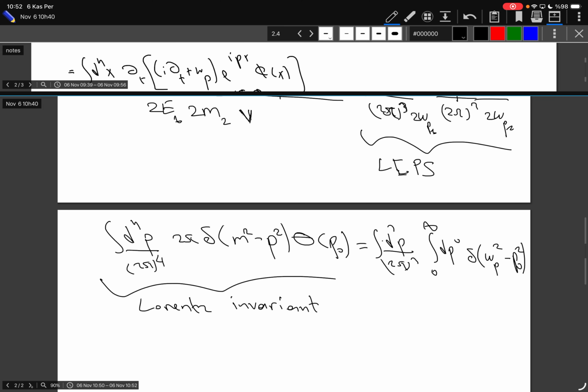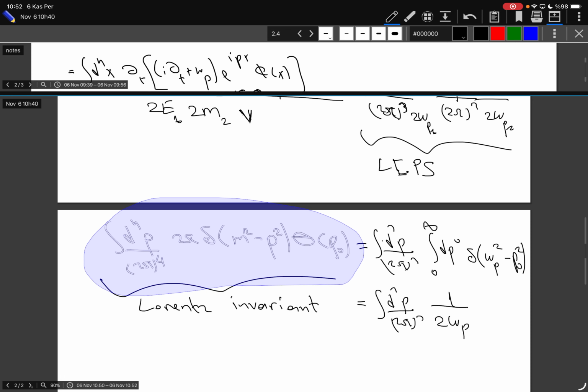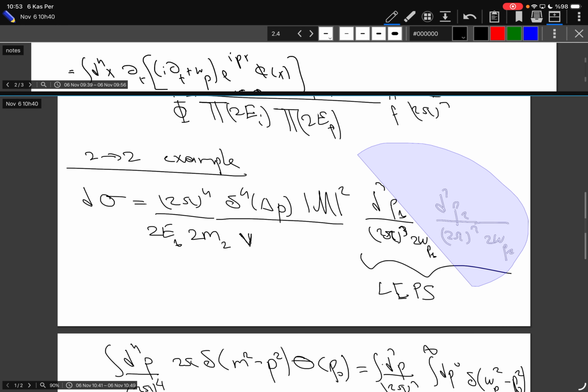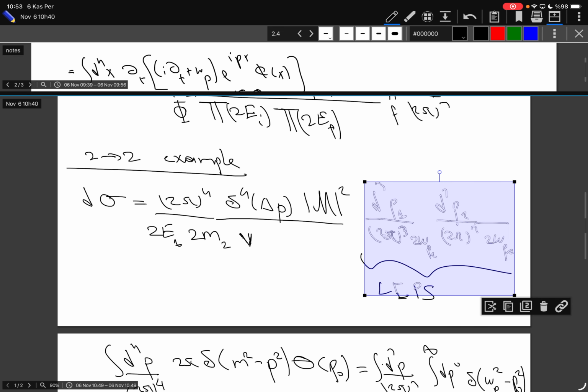Now there's just one point in that p0 integral that will contribute, which makes the argument of the Dirac delta 0, and that result will be d cubed p divided by 2 pi cubed times that integral will just give me 1 over 2 omega p. So this is Lorentz invariant. So we started with a Lorentz invariant expression, and hence this answer has to be Lorentz invariant. That is why this is a phase space integration, and it's a Lorentz invariant phase space integration.